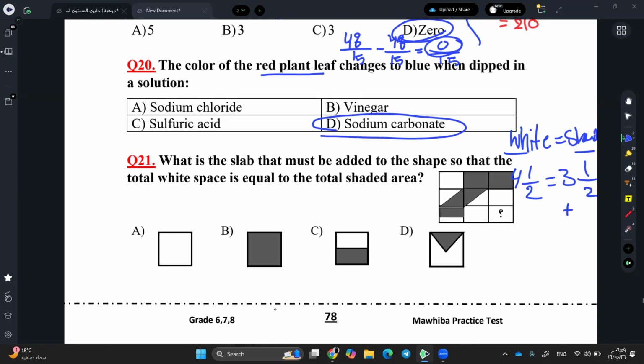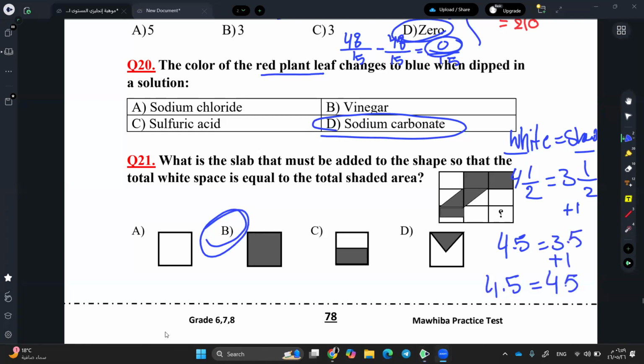We're going to add 1, right? 3 and a half plus 1. The answer is going to be B. Excellent. So it's going to be here like that. 4.5 equals 3.5. So here we add 1, it's going to be 4.5 equals 4.5. Okay? Excellent.